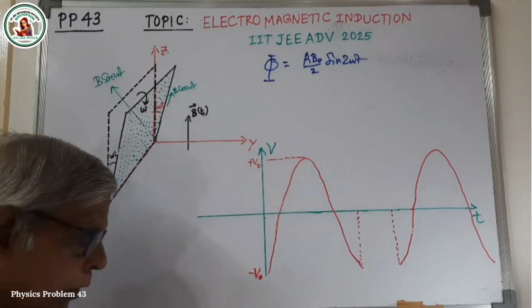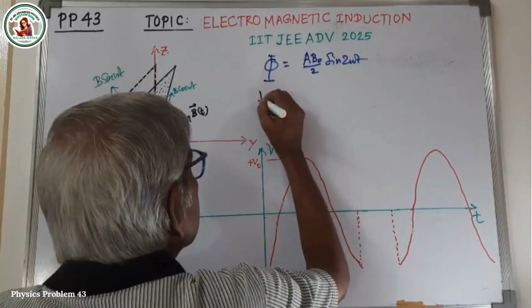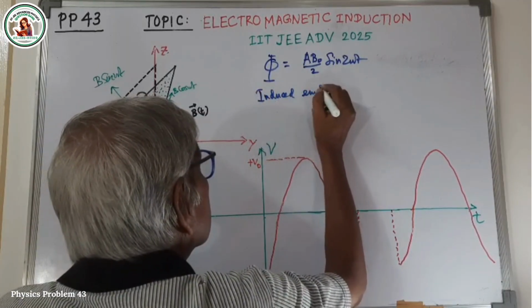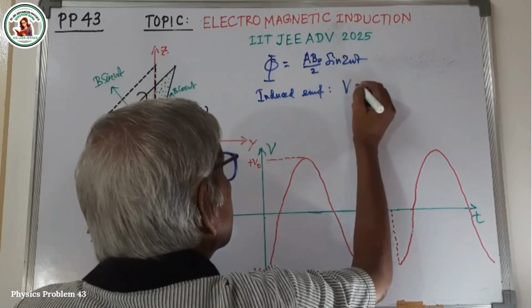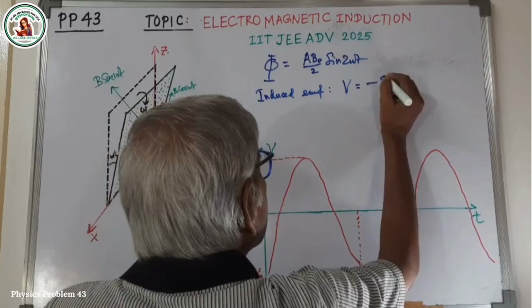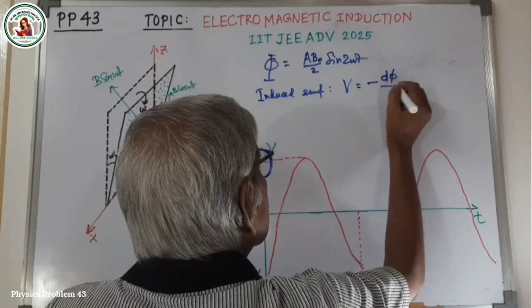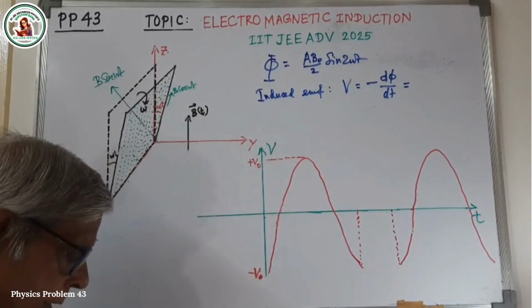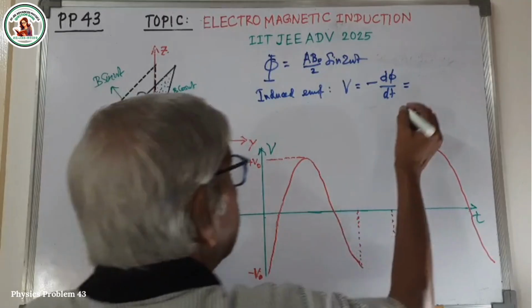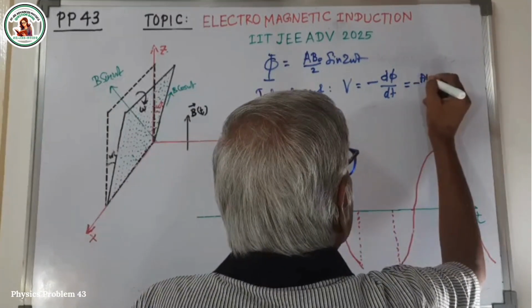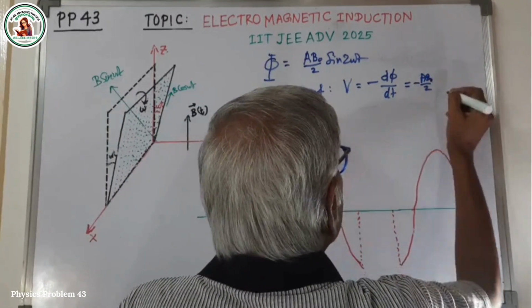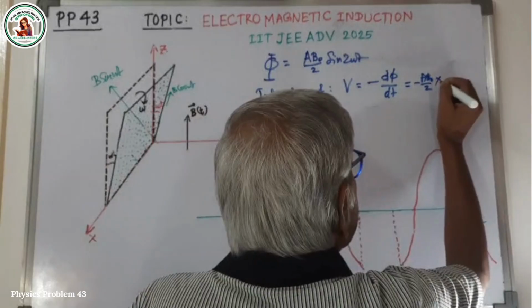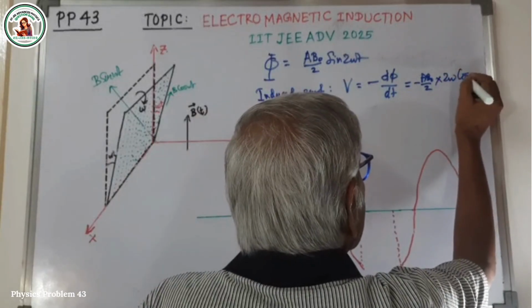So induced EMF V is equal to minus d phi by dt, which we get as minus A B naught by 2 into 2 omega cos 2 omega t.